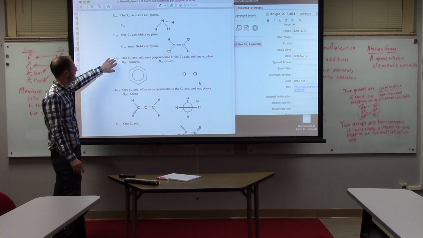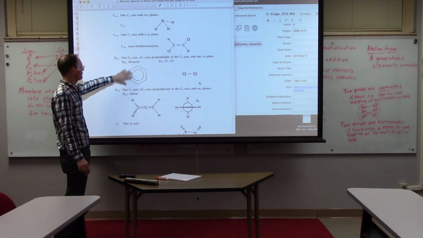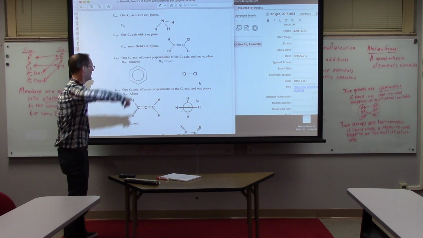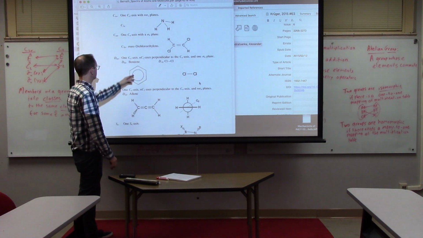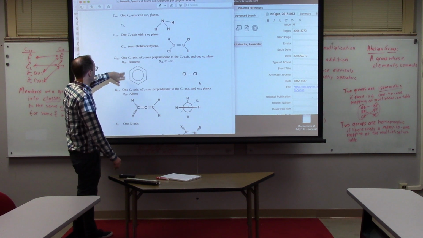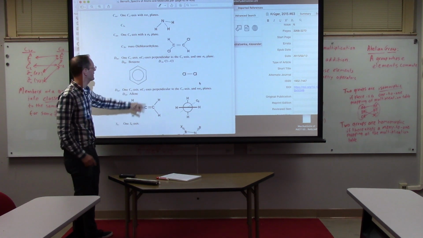Another very common one is Dnh. A molecule with this type of symmetry has one principal Cn axis. An example is benzene, which would be D6h. It has one Cn axis, in this case coming out of the plane of the page.